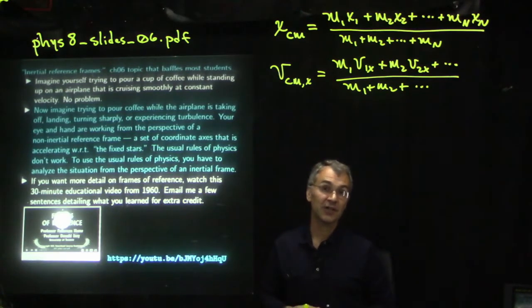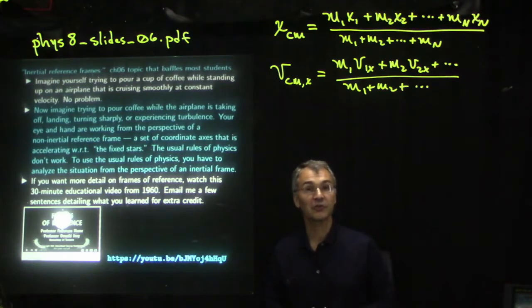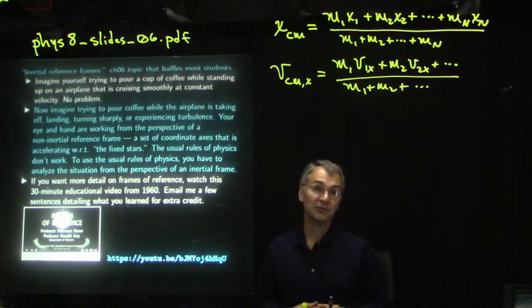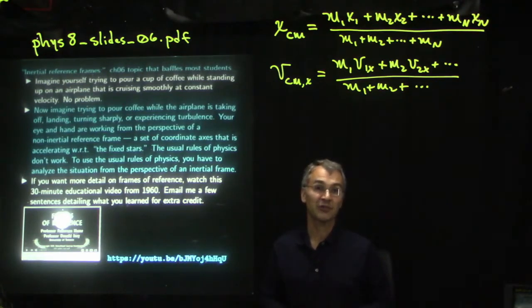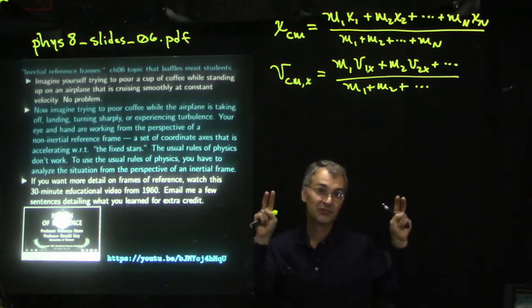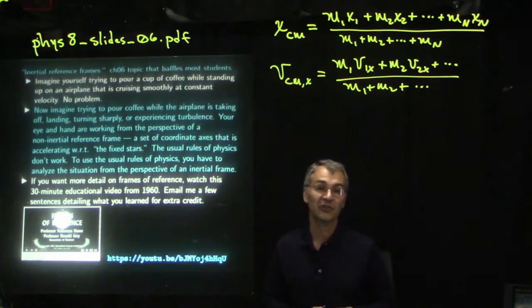So it's not really precisely true that a reference frame anchored to Earth is 100% inertial. It is for most intents and purposes inertial, but really to be a completely inertial reference frame, you have to be at rest and not rotating with respect to the fixed stars, you know, the most distant stars that you can see.